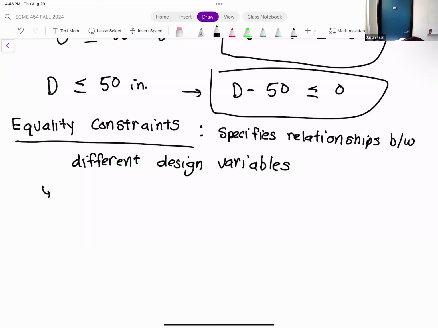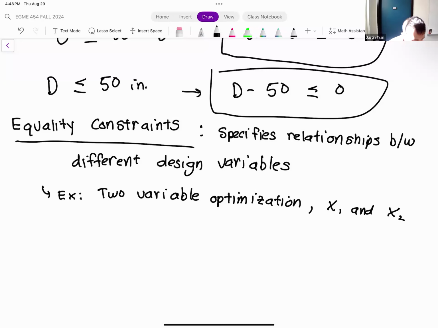So one example. I'm just going to do a straight up math example in this case. Let's say we have a two variable optimization, x1, x2. Let's say there's such a relationship where, as the value of x1 changes, that's going to affect x2, right?